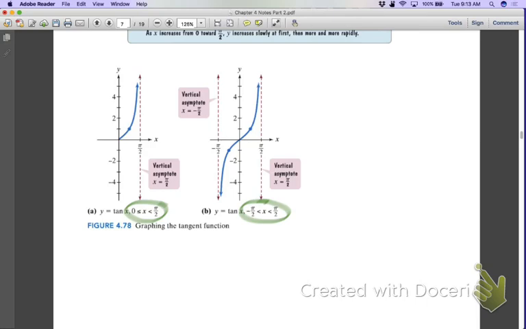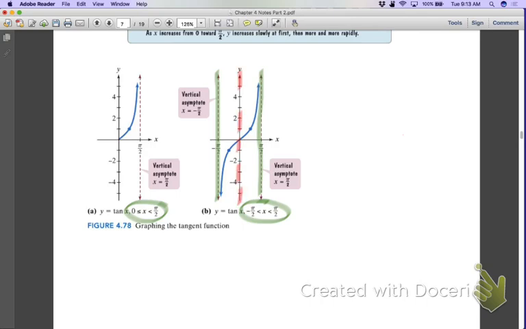Just like we did with sine and cosine, once we found our two endpoints, how did we start cutting the graph? Yeah, we found the middle. We cut it in half. So the same thing applies here. We have our asymptotes there in green. First thing I want to do is cut this thing in half.